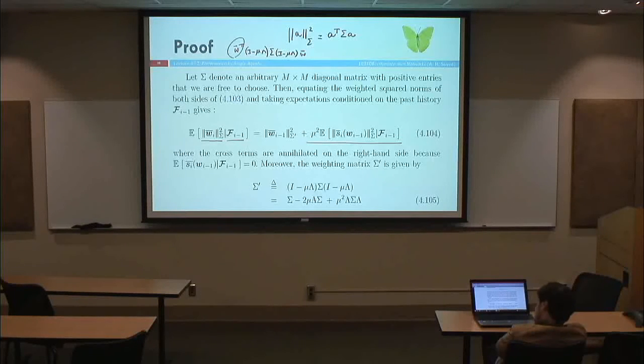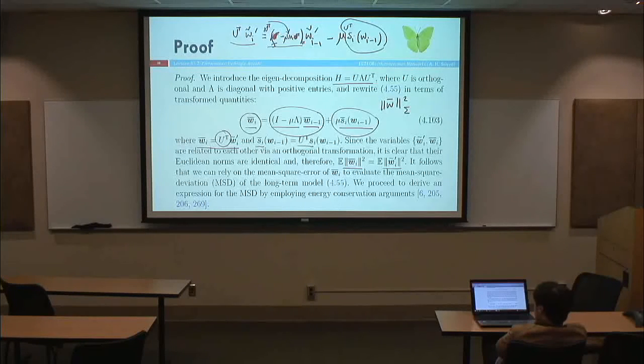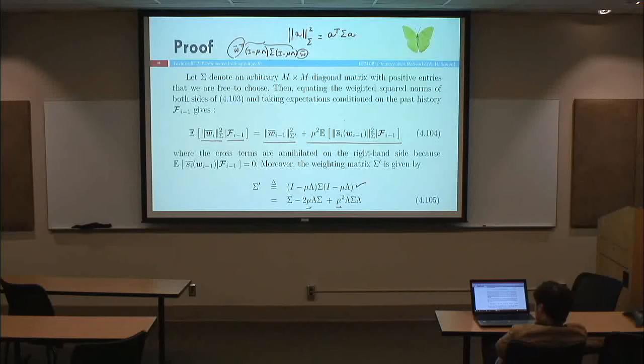It's a weighted norm of W bar again, but with a weighting matrix which is given by sigma prime, which I expanded in the last equation, so that you see it has a linear term in mu and a quadratic term in mu. And what about the cross term? You see, the cross term under expectation and condition on the past, this W will be a constant, and the noise, if you remember, its mean value is 0 conditioned on the past. So the cross term disappears, okay?